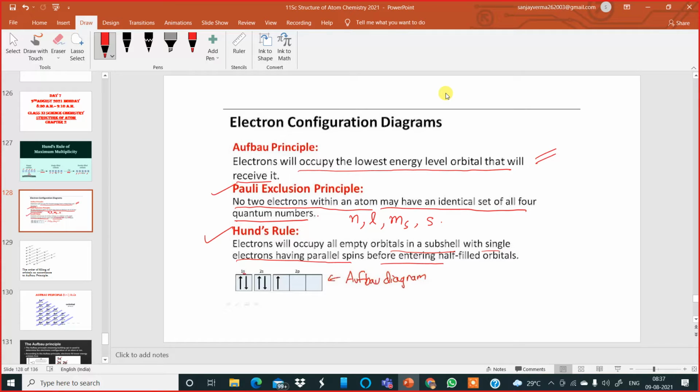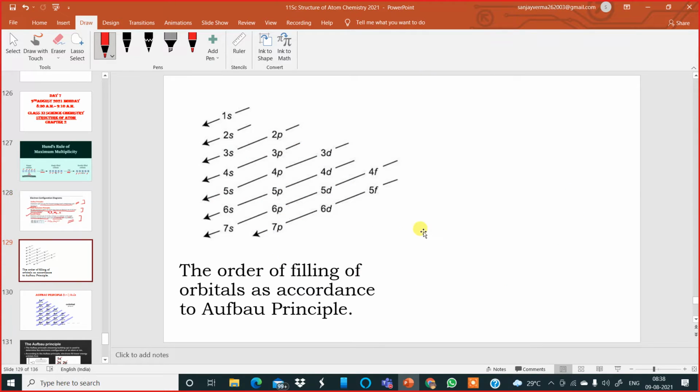That means electrons occupy the available orbitals of a subshell singly, and when all the orbitals of the subshell are filled singly, only then does the pairing take place. So this was regarding the Aufbau principle, Pauli's exclusion principle, and Hund's rule of maximum multiplicity. Now let us come to the most important part of this chapter.